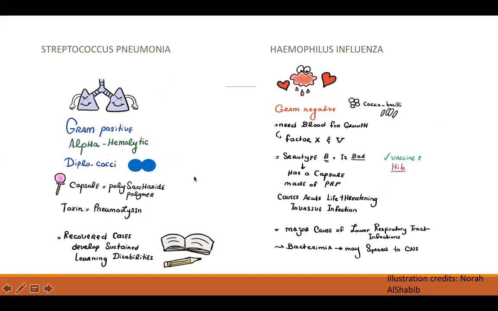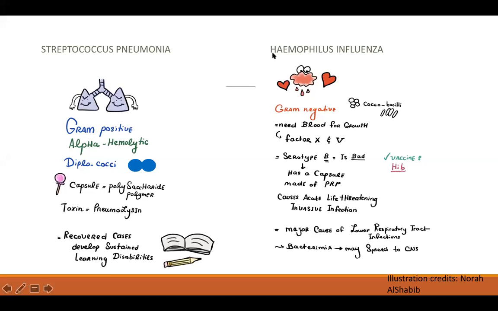It also has a capsule which helps it resist phagocytosis, اللي هو polysaccharide polymer capsule, and it also has its own specific toxin, اللي هو pneumolysin toxin. Recovered cases of Streptococcus pneumoniae meningitis develop sustained learning disabilities. نجي لآخر نوع اللي هو Haemophilus influenzae, is a gram-negative coccobacilli, so it's polymorphic in shape.